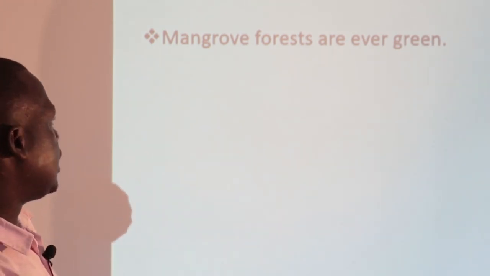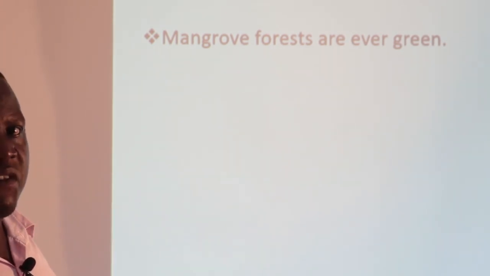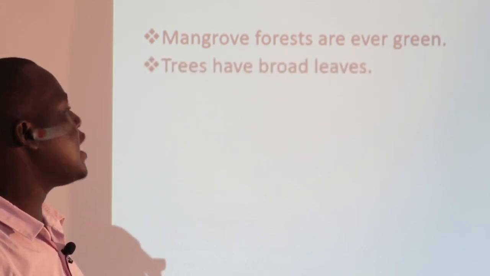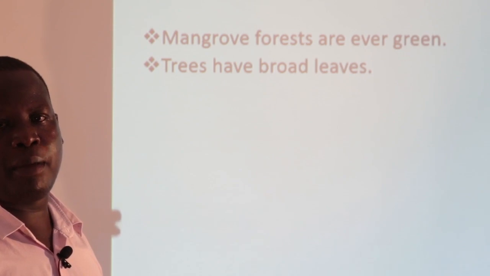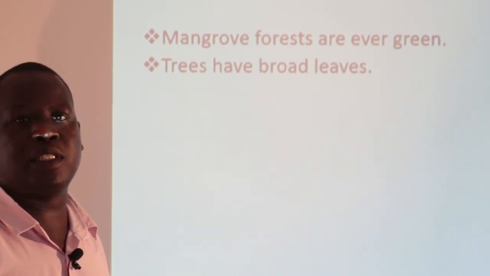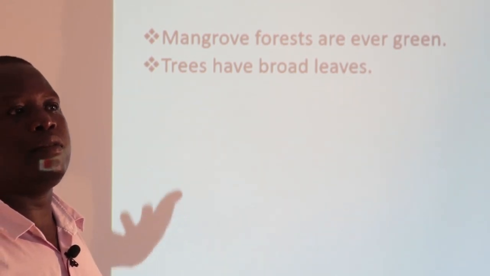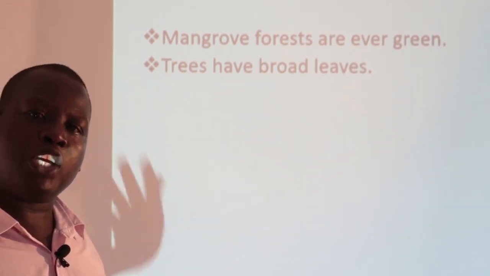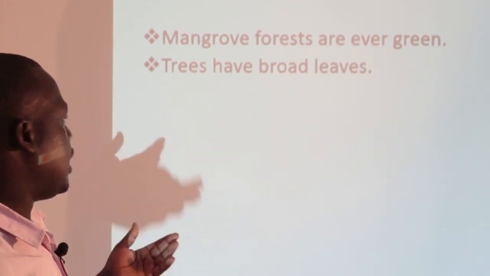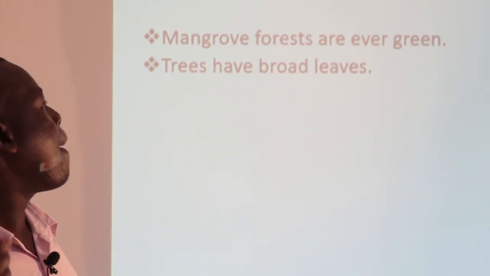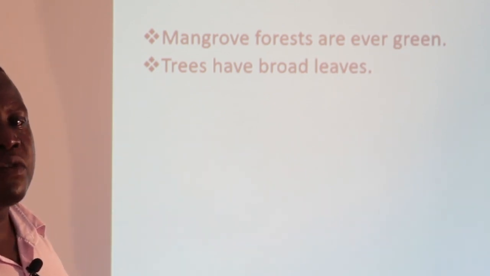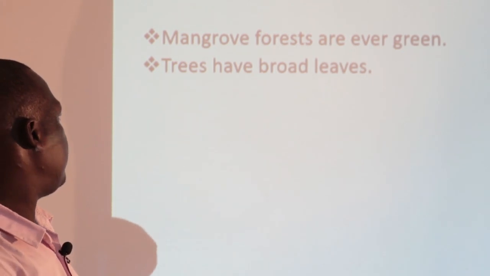So this keeps the trees evergreen. We also have that trees have broad leaves. And remember, when a tree receives enough water or rainfall for it to live, it will grow as huge as it wants. So in the mangrove forest, the trees have broad leaves. Those are very large leaves because they get enough water for survival.